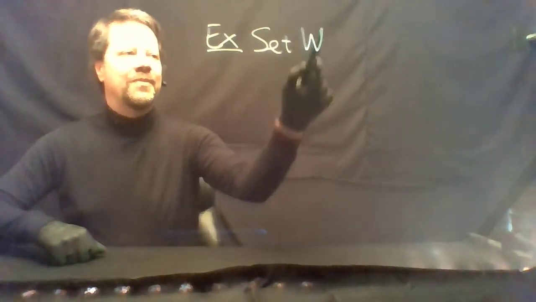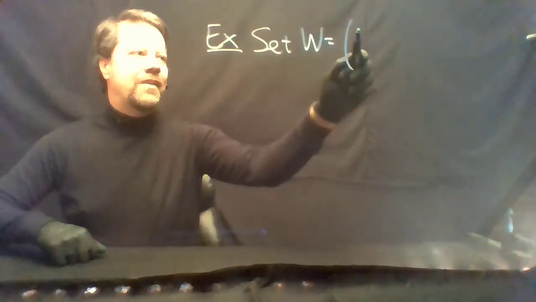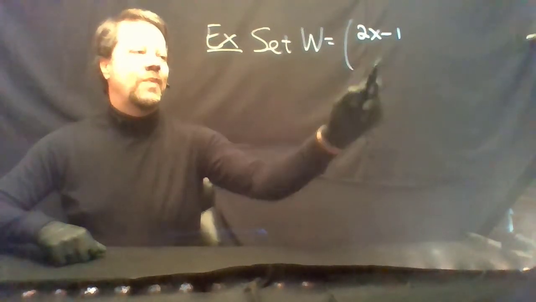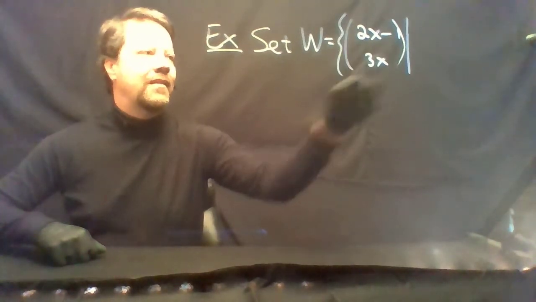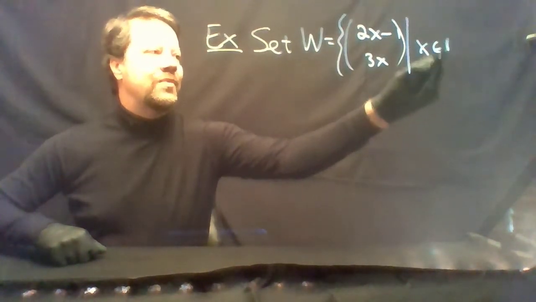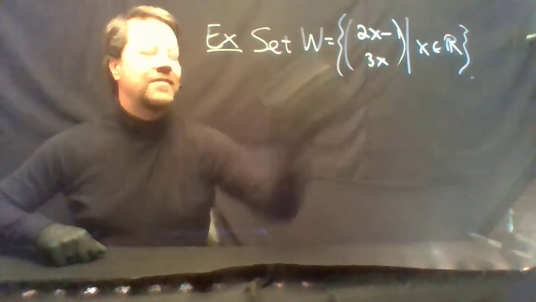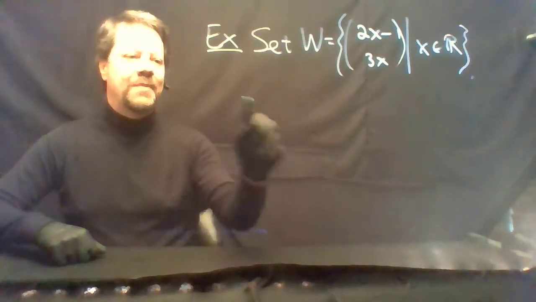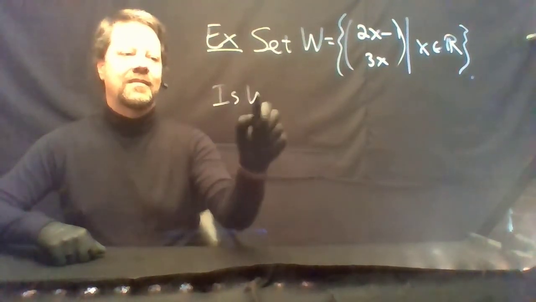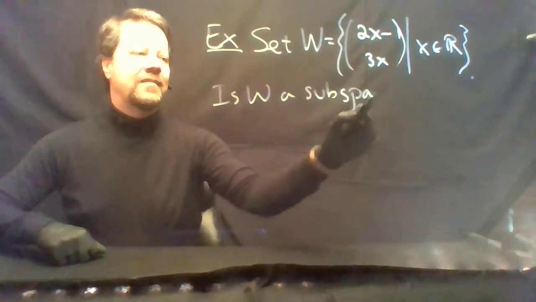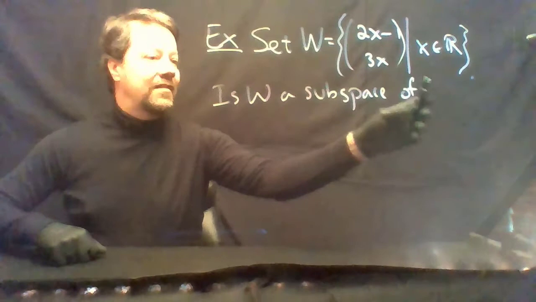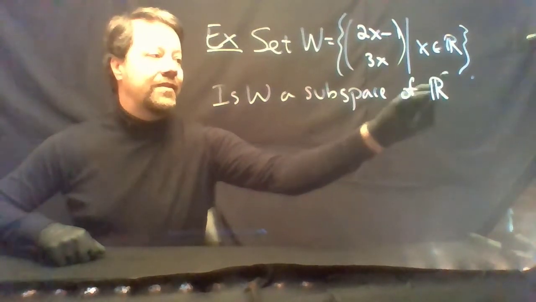Here's an example. We'll set W to be the set of all (2x minus 1, 3x) such that x is real. Is this a subspace of R2?